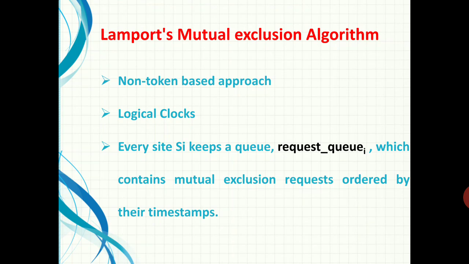Every site Si keeps a queue named request queue i, which contains mutual exclusion requests ordered by their timestamp. That is, we maintain a queue in which we store the mutual exclusion requests in the order of the timestamp.